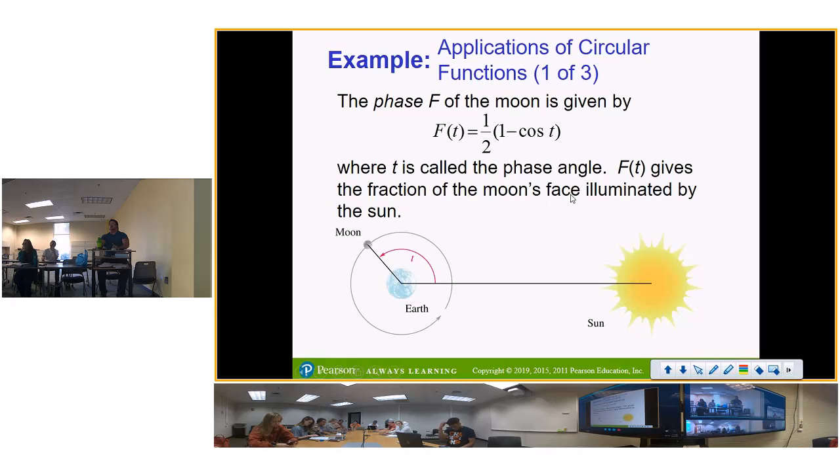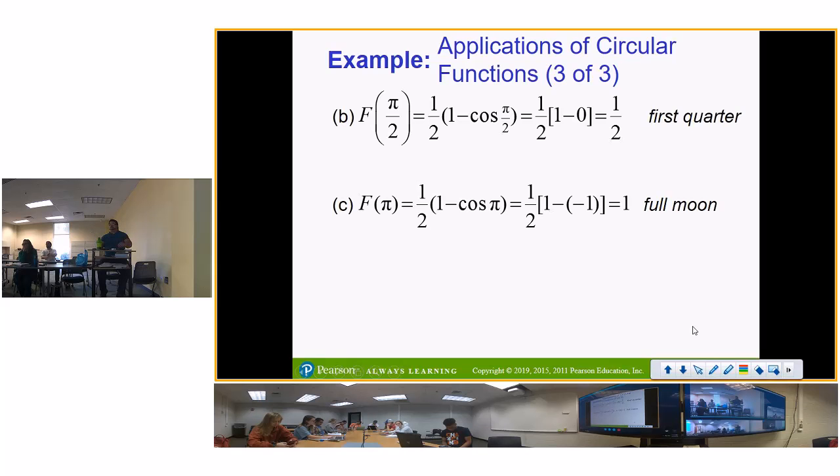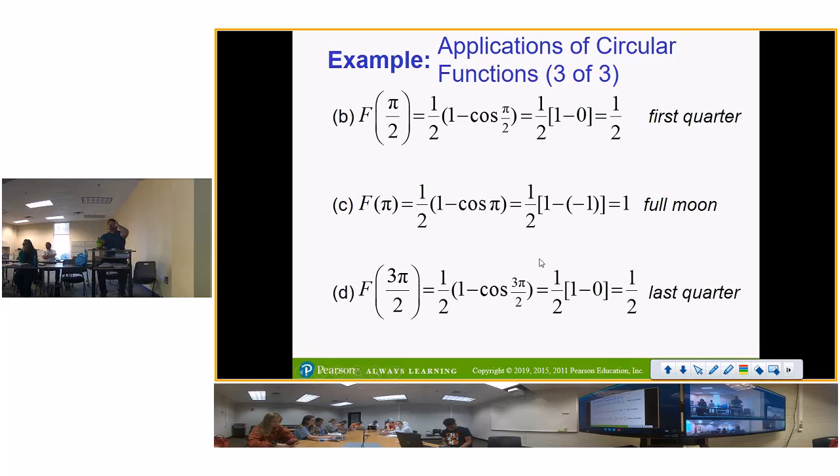So 0 of the face is illuminated by the sun. And that's what they're saying. And then the first quarter, half, that would be the first quarter. And then 1 would be full moon. In other words, it's real bright. So now you've learned something.